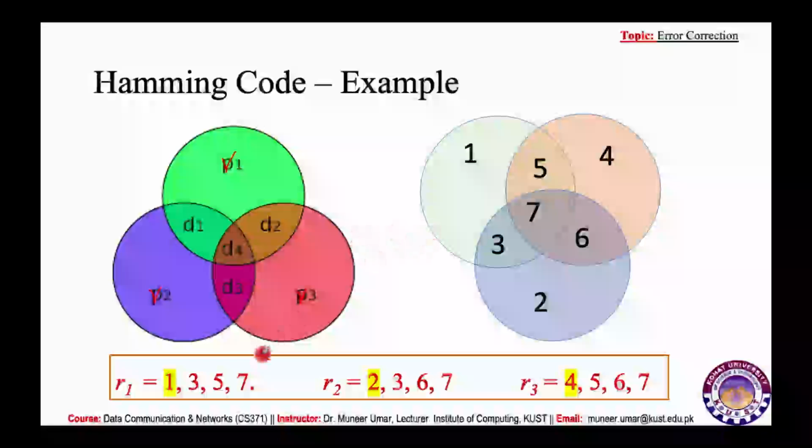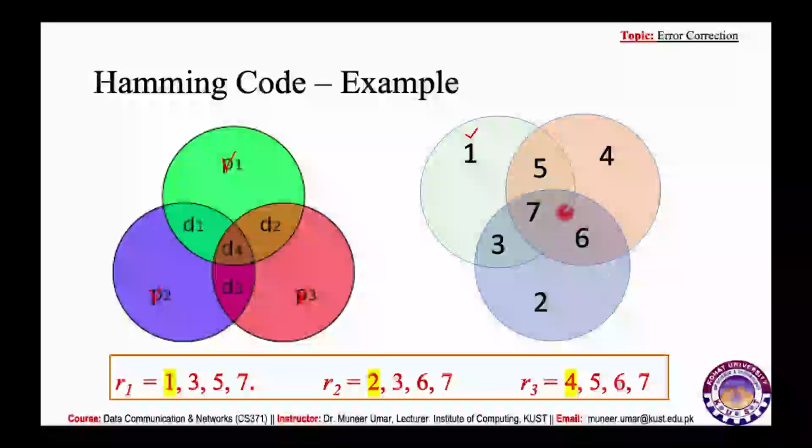So if we look into R1, 1, 3, 5 and 7 are present in R1. In R2 we have 2, 3, 7, 6. Now here we have one interesting thing. 1 is only present in R1. 2 and 4, they are also only present in R2 and R3 respectively.